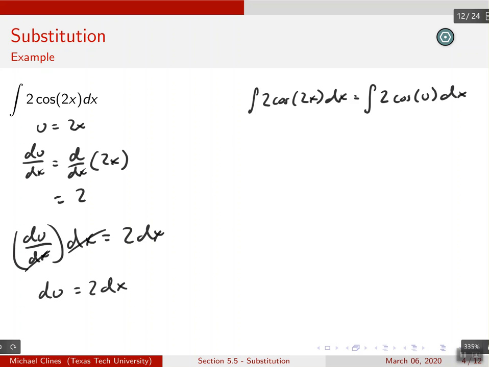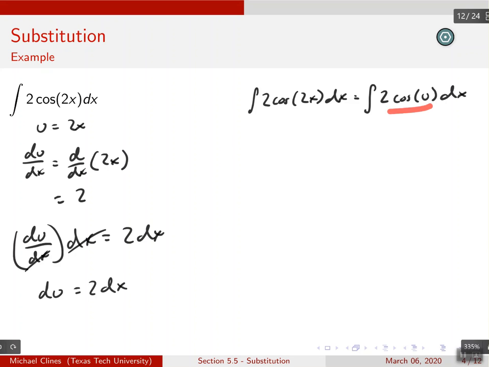Now right here, we kind of want to automatically integrate this off the bat. Oh, we know what the integral of 2 cosine of u is. That's just 2 sine of u. That's just a basic property. But we have a small problem. Cosine is in terms of u, but we are integrating with respect to x. That's a problem. We cannot just integrate right here, right now, and call it a day.